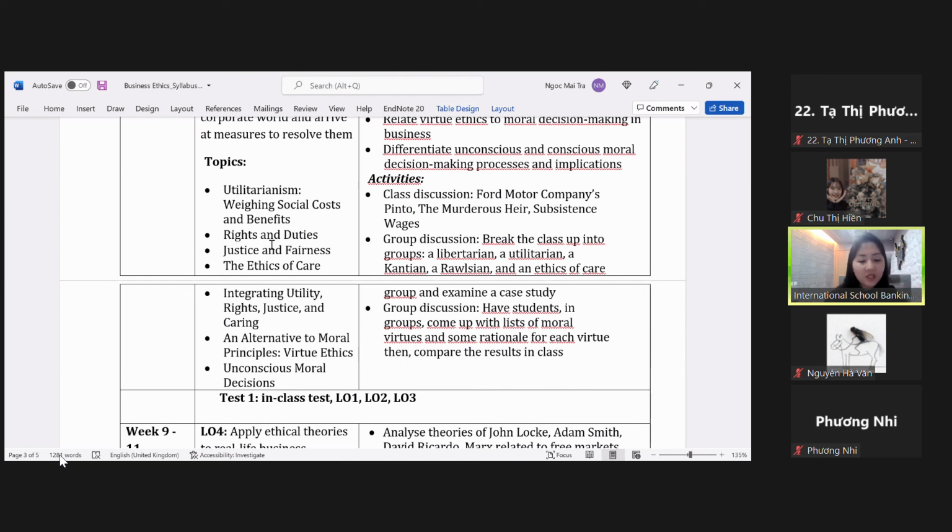How do we compensate the people who get hurt in a fair way? How do we distribute resources over residents, over humans, over citizens? And the last one is ethics of care.